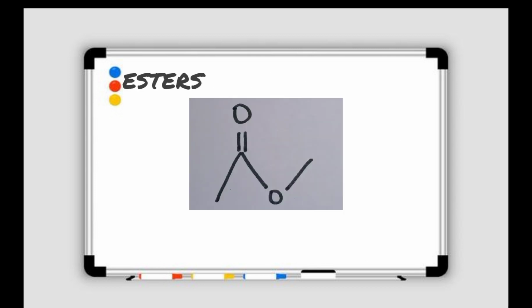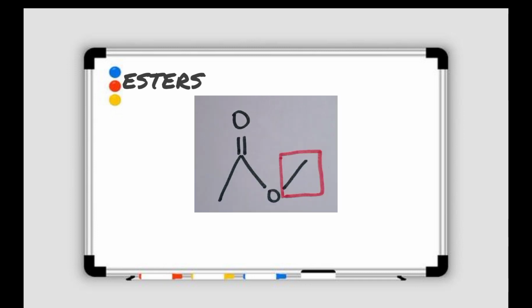Now, let's try to name an ester. First, identify the alkyl group in the given structure that came from the alcohol, which is directly connected to the oxygen, and change its suffix to "-yl". In the structure, the group attached to the oxygen is methane, so our substituent will be methyl.